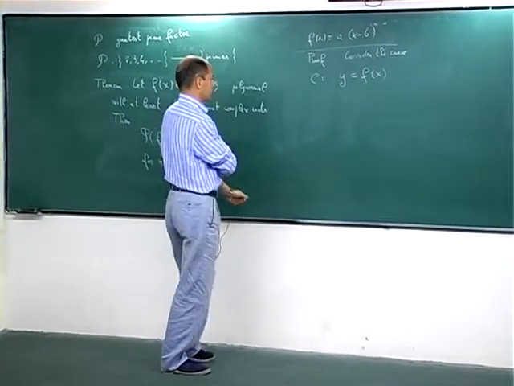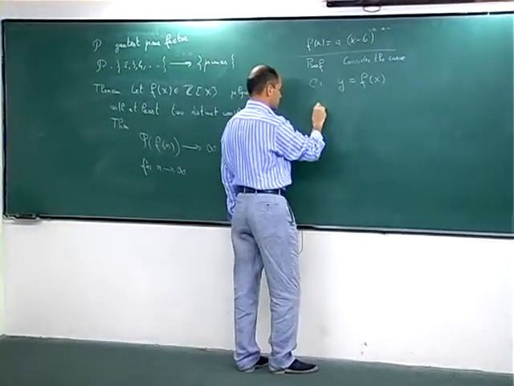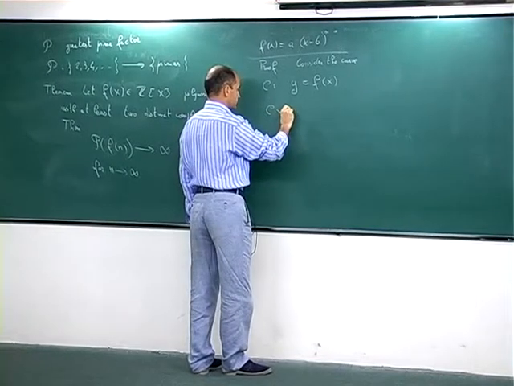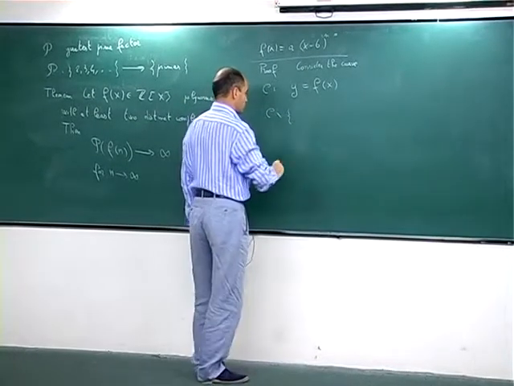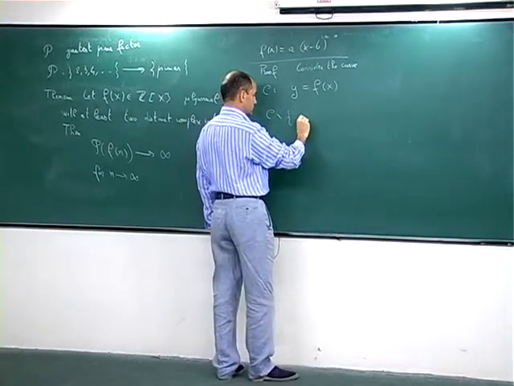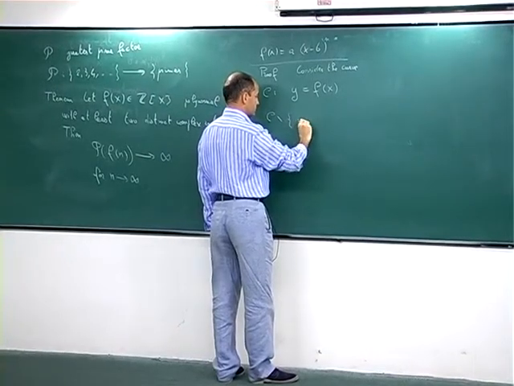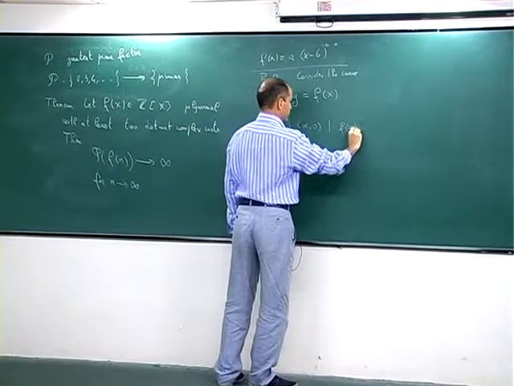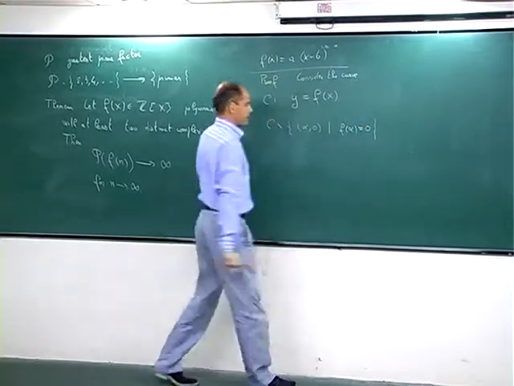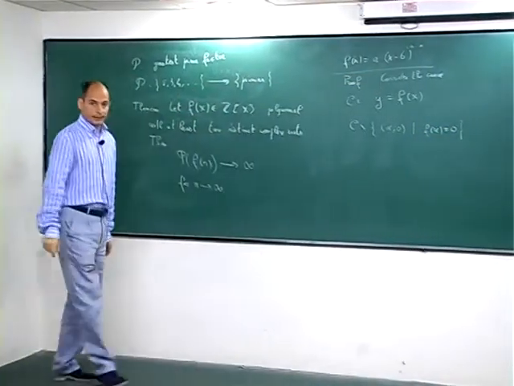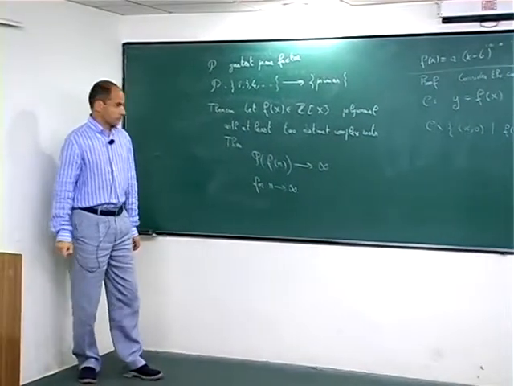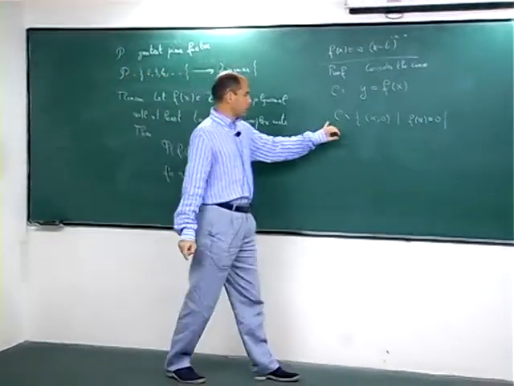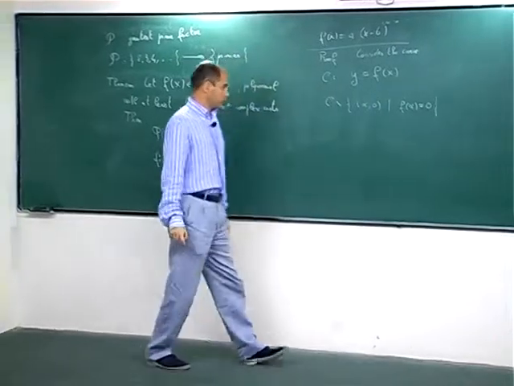And I consider the set C minus the points alpha, where f of alpha equals 0. So this is still an affine curve.